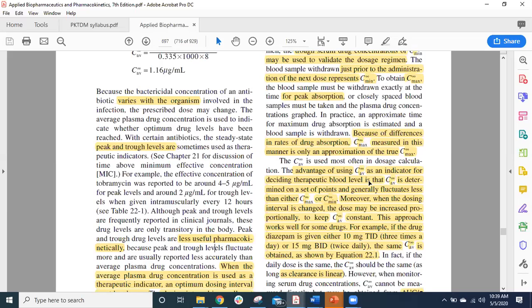So shall I give an example to make you understand how C minimum and C maximum can cause bias? Yes, sir. Okay, now let me give you. Tell me a number. Let's say 100.